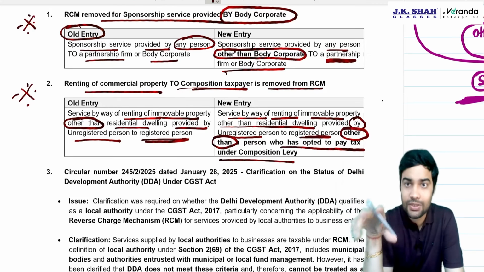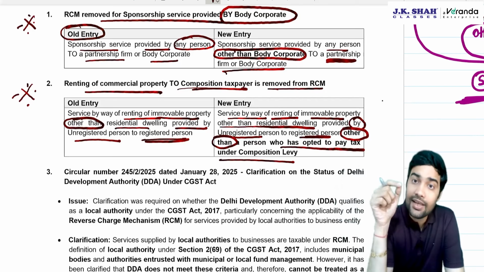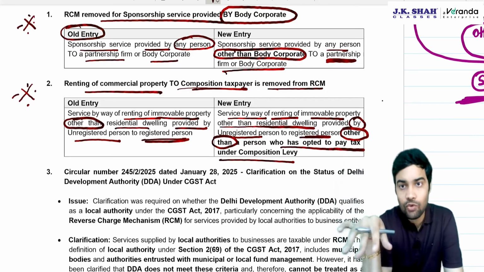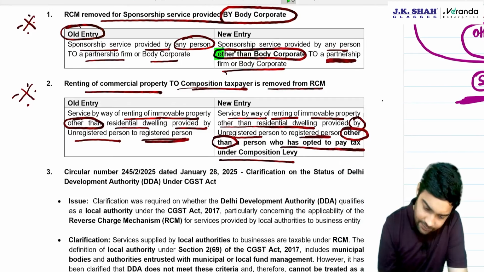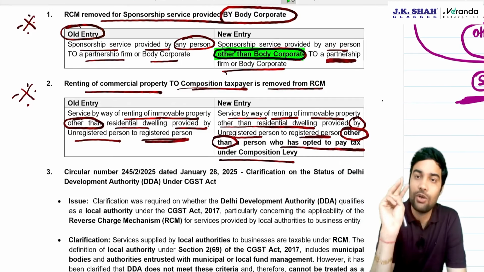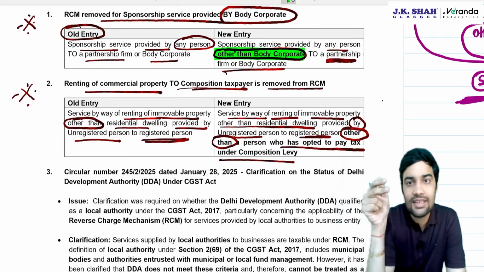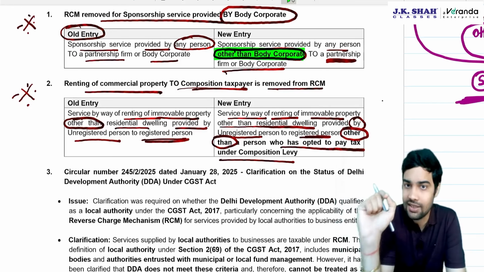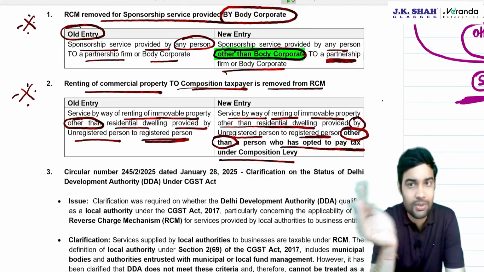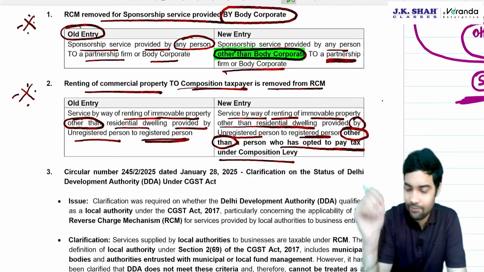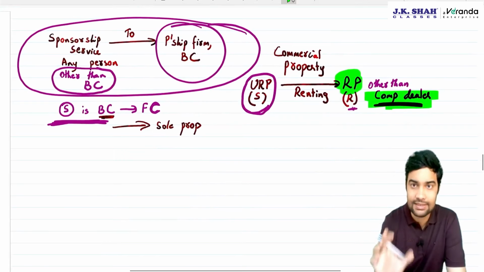First, commercial property. Second, security. These are the two places where the composition dealer is removed from RCM. And for supplier other than body corporate, there are three: sponsorship, security service, and mode of transport, where if the supplier is a body corporate, then it is forward charge.